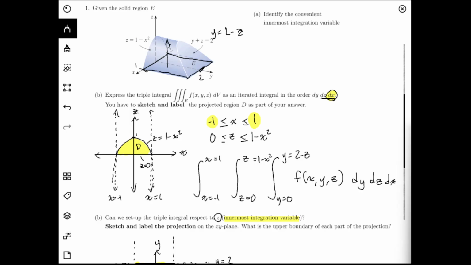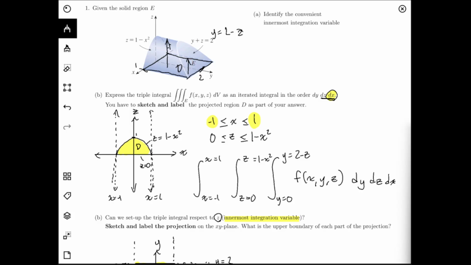When we go up this way from that projection, we try to integrate based off of that. We need lower and upper bounds for this region D. But we have two different sets of lower and upper bounds.